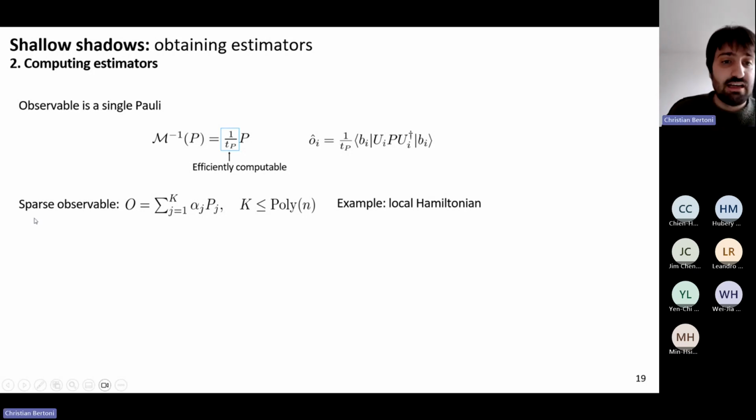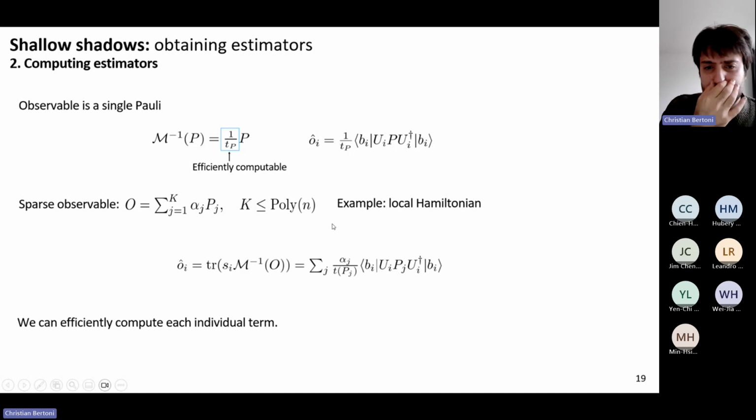And we can slightly generalize this to something that we call a sparse observable, which is simply a linear combination of polynomially many of these Paulis. A typical example would be a local Hamiltonian, where we would have one local Pauli for each site, for example, of some lattice.